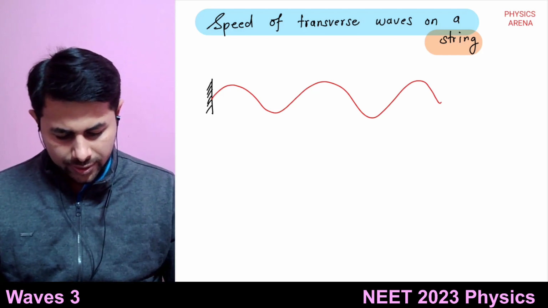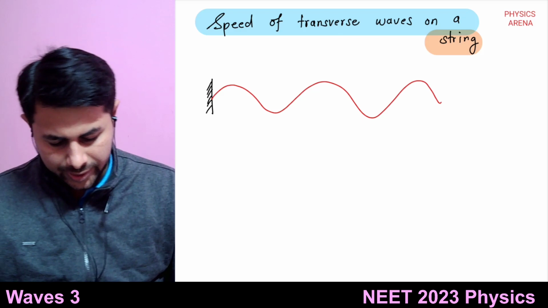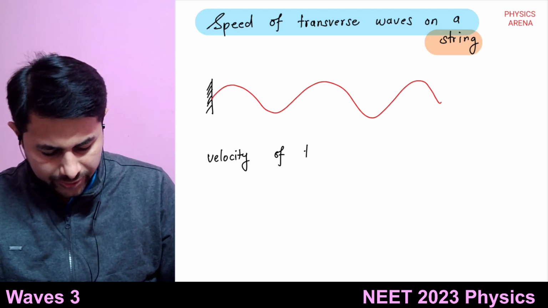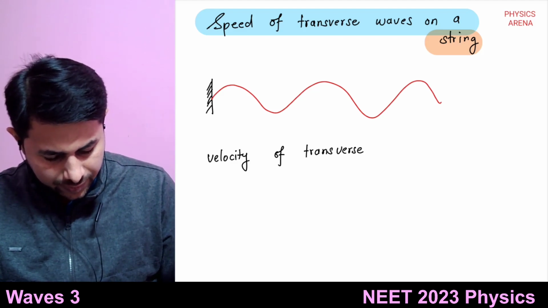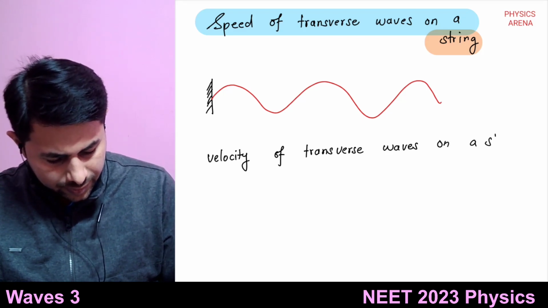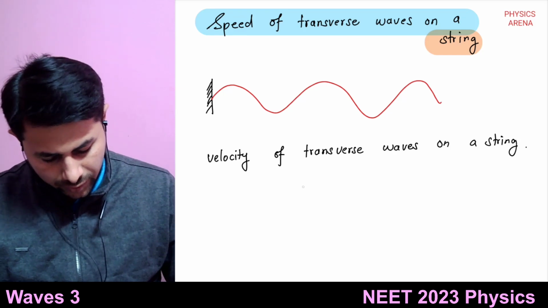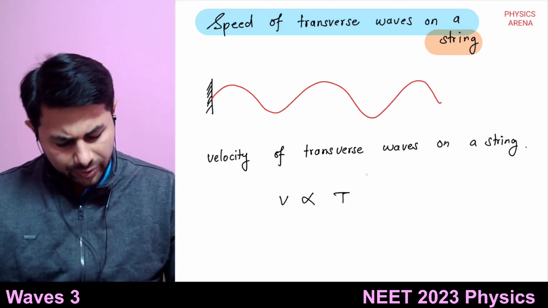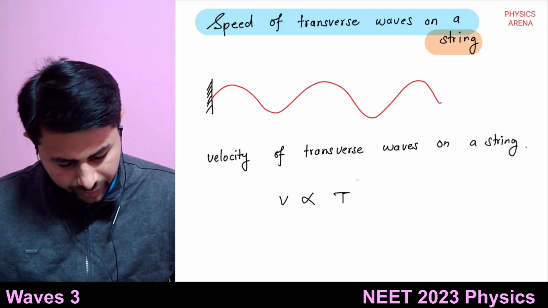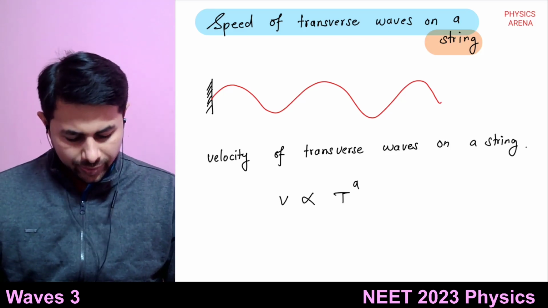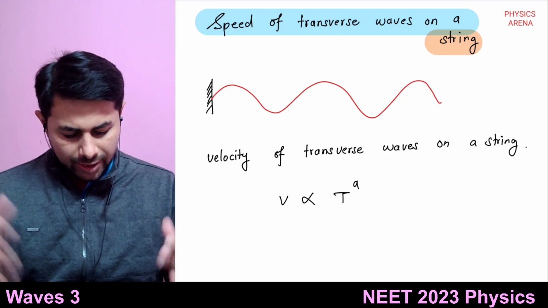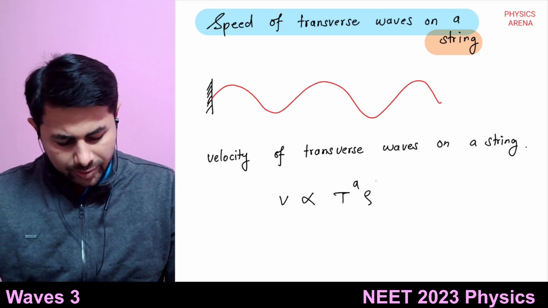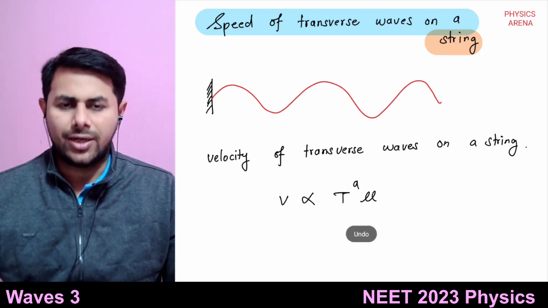Now, if we find the formula for the velocity of transverse waves on a string, velocity will depend on the tension in the string, some power of this tension, and some power of the mass per unit length.